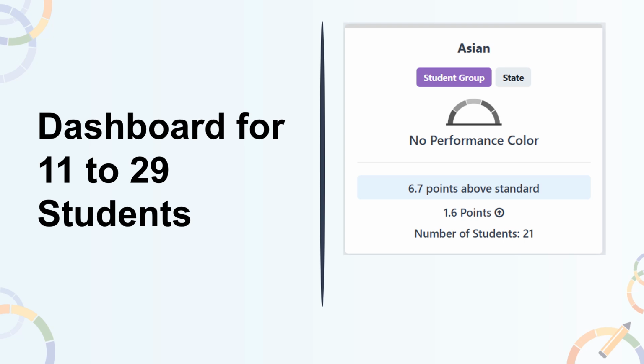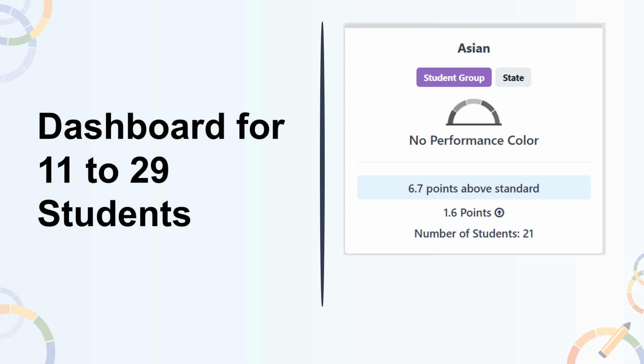If the N size on the 2024 dashboard for the science indicator is between 11 to 29 students in the denominator, then the card will look the same as student groups with more than 30 students. Only the distance from standard and change from the prior year are reported. In this sample card, the Asian student group is selected and displays no performance color with a grayed out gauge and a DFS of 6.7 points above standard.